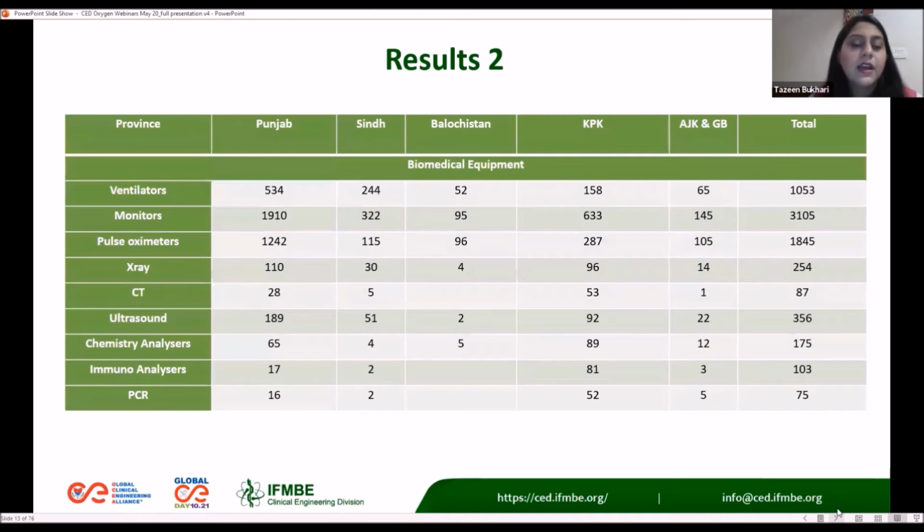Do you have a PSA? The other thing was all the biomedical equipment, including vital signs monitors, ventilators, pulse oximeters. And since the data survey was modified, we also had information about the number of CTs, X-rays, ultrasounds, PCR machines, chemistry analyzers, and things like that.